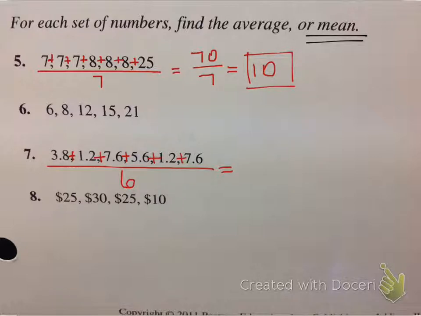So when I add 3.8 plus 1.2 plus 7.6 plus 5.6 plus 1.2 plus 7.6, I get 27. 27 over 6 is not going to divide in evenly, but I can reduce it. Since my original data set is in decimals, I'm going to record my answer in decimals. So 27 divided by 6 gets me 4.5 for the average.